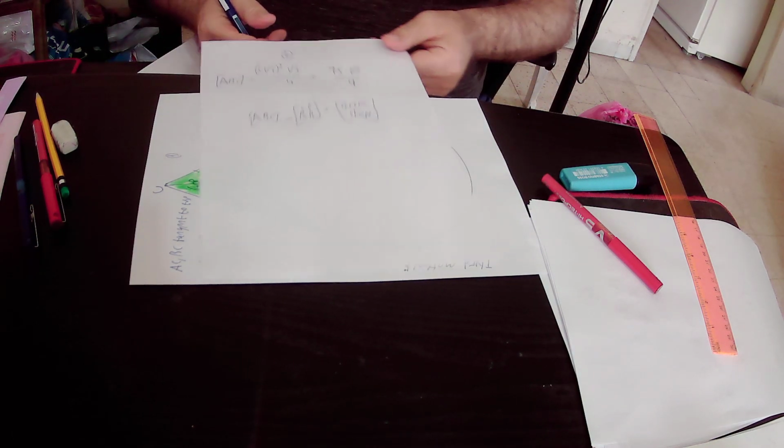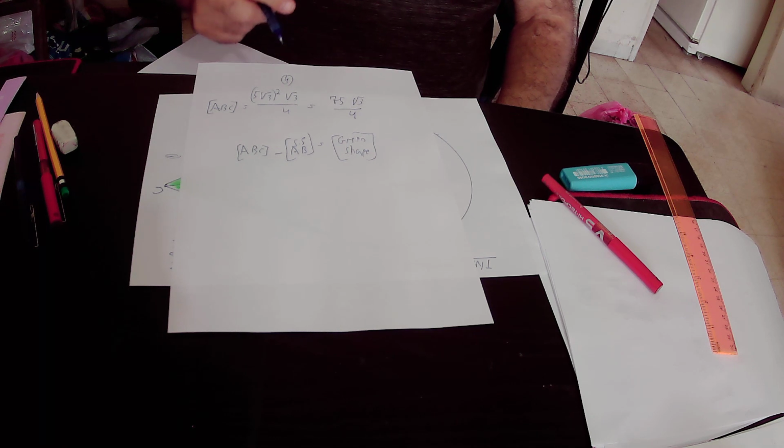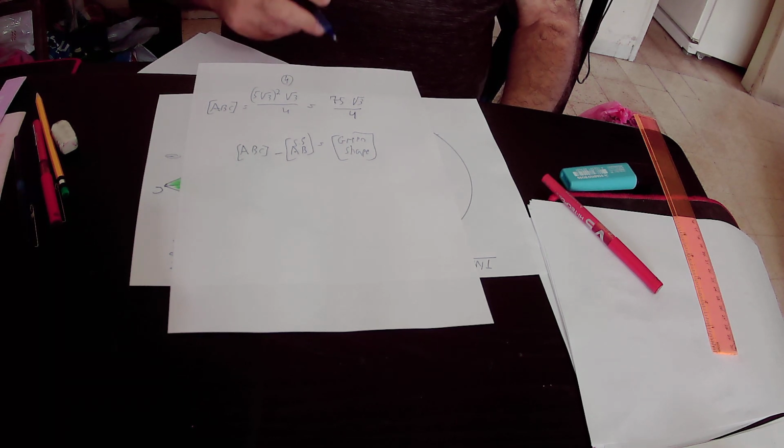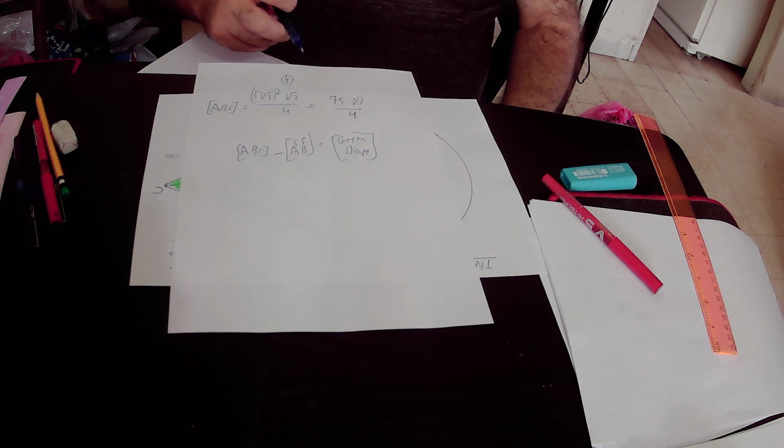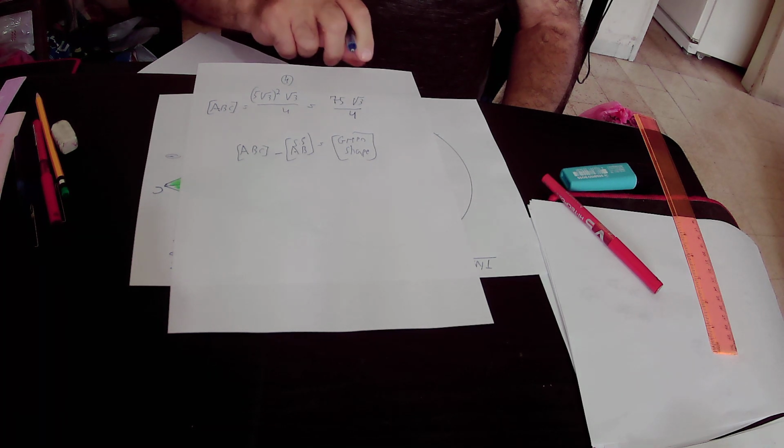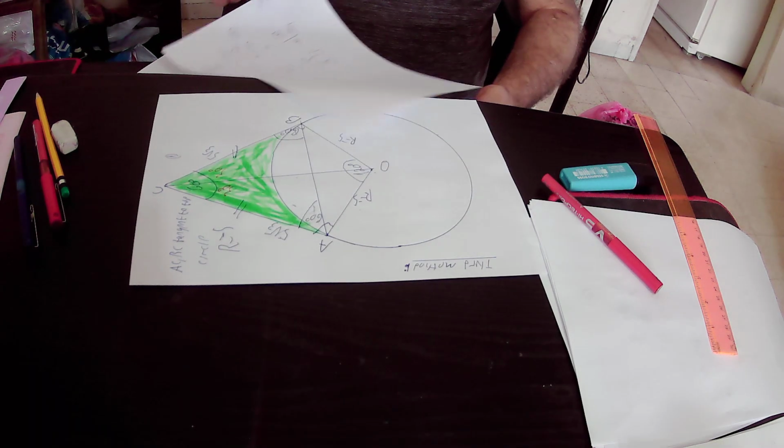Again, the area of the green shape equals the area of triangle ABC minus the area of the circular segment AB. Okay?